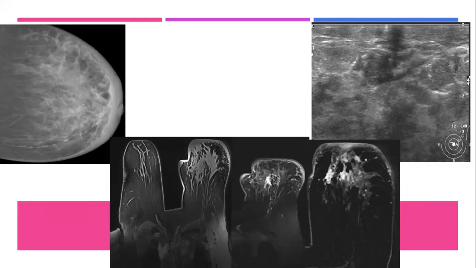There is vascular calcification, no evidence of suspicious calcification. Excellent. If I proceed to the ultrasound, it's shown here. There is a mass, vertically oriented, with thick rim, with spiculation, hypoechoic, with posterior enhancement.